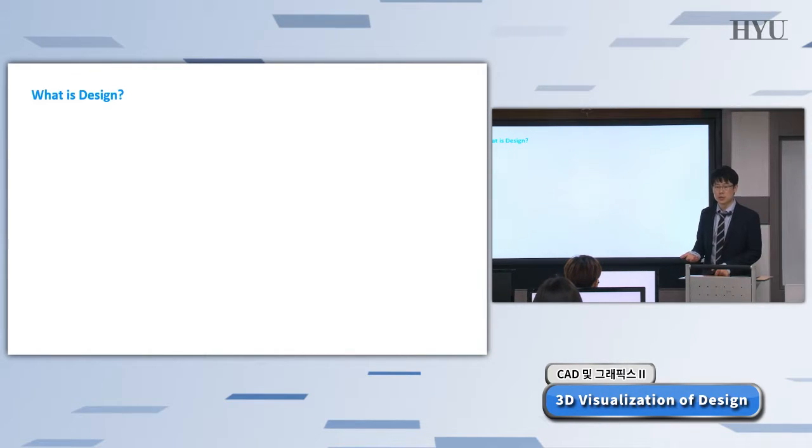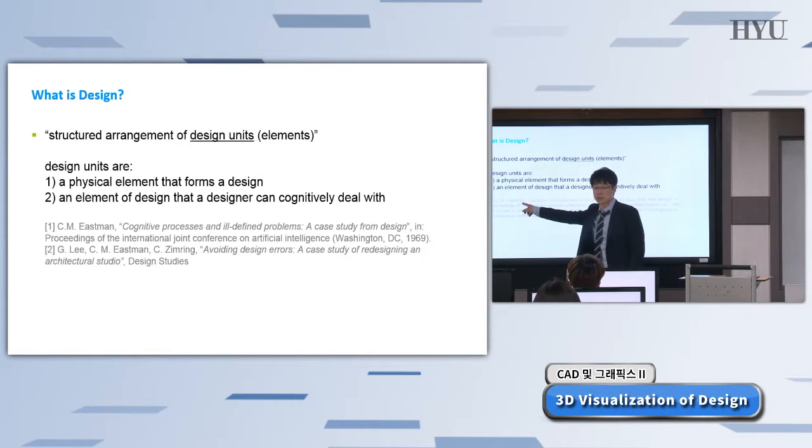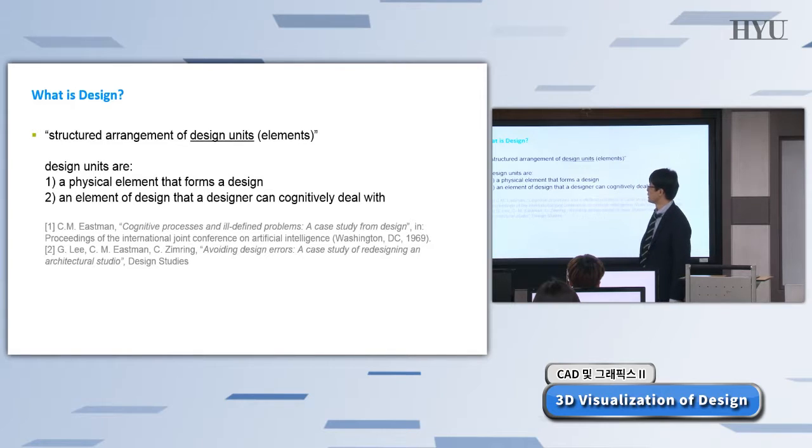But unfortunately, there is no formal definition of design. Design is very qualitative, not quantitative, okay? That is why it's not easy to define the term design. But I'd like to let you know there is one definition, defined by Chuck Eastman, who was my advisor at Georgia Tech.